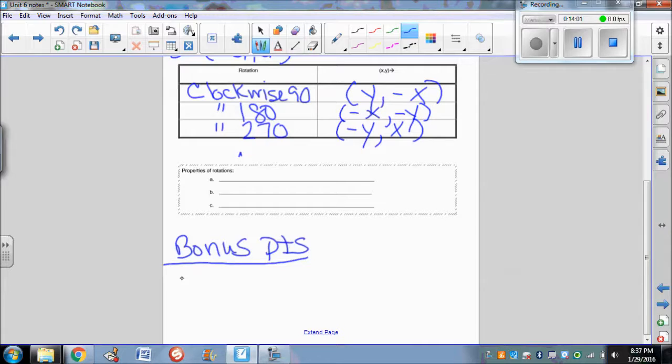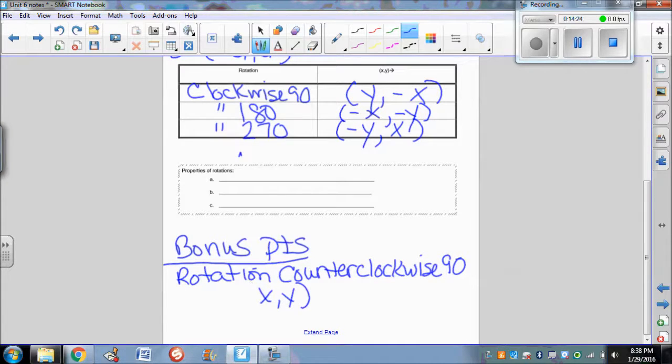I want you to either figure out or look up, what if I asked you a rotation counterclockwise? So the opposite direction, counterclockwise, 90 degrees. So your (x, y), your initial point, what does it go to?